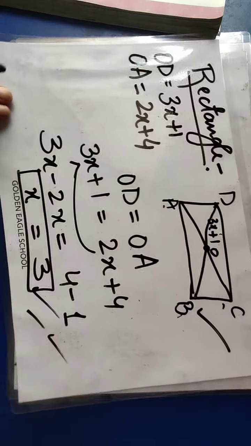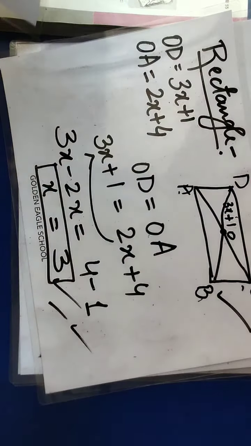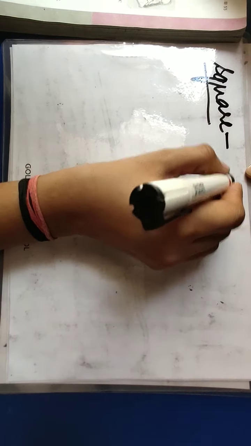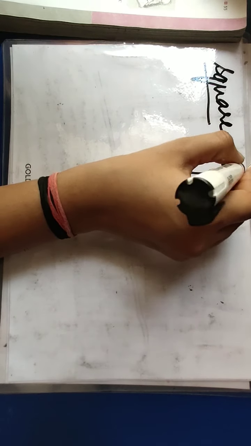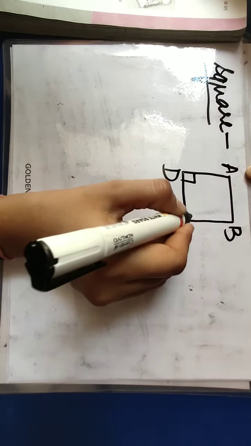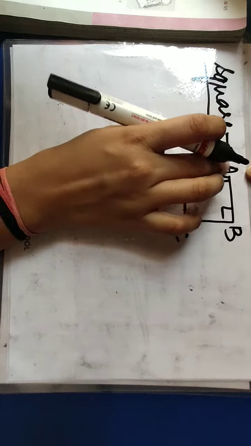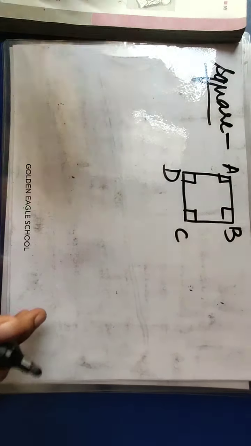Now the next special type of parallelogram is a square. Square, we all know that all its sides are equal and all the angles at the vertices are 90 degrees, right?